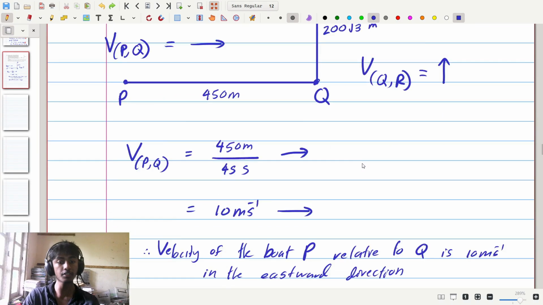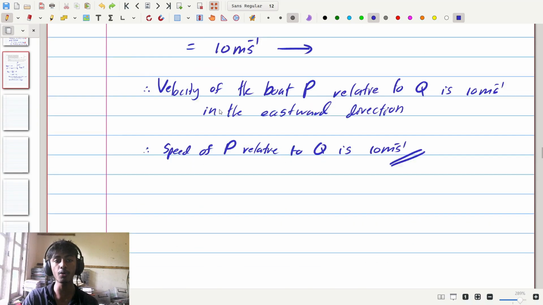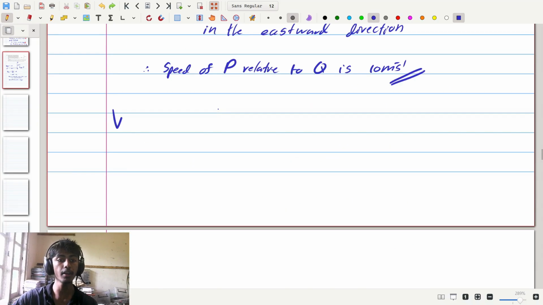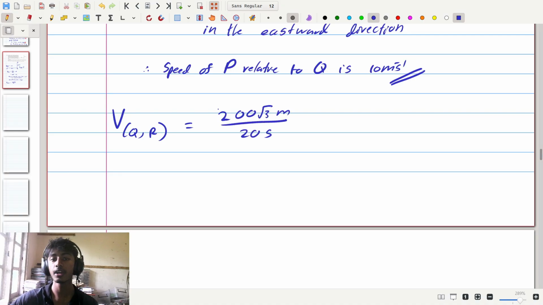Now according to that, similar to what we did for both P and Q, we can say velocity of Q relative to R is equal to the total distance of 200 root 3 meters divided by the total time of 20 seconds in the vertically upward direction. And simplifying, we can see we get this 200 and this 20 cancelling, giving us 10 times root 3, or 10 root 3 meters per second in the vertically upward direction.